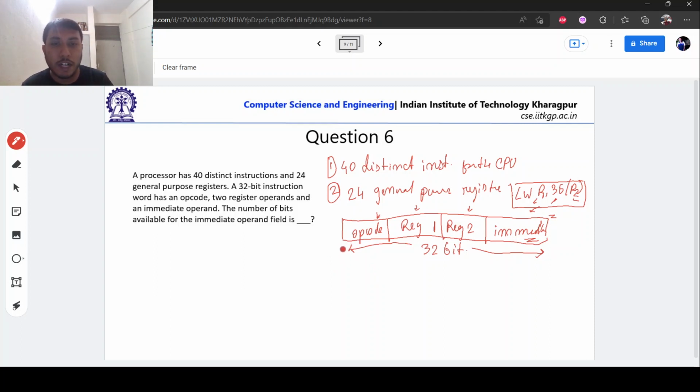So first we need to find the size of the opcode field. How can that be found? The question says there are 40 instructions, so we need to identify each instruction uniquely. How many bits are required? We will require 6 bits. You may ask how it is 6 bits.